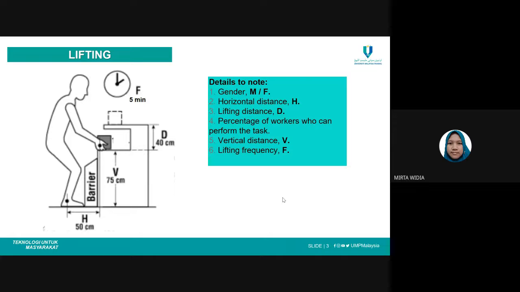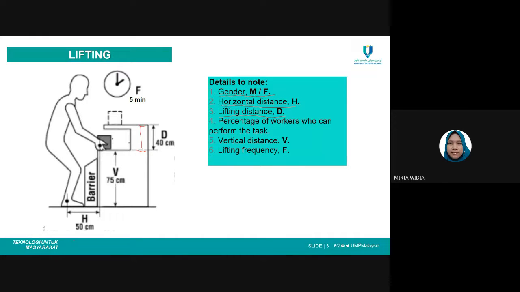The first one is based on gender. Next is the horizontal distance. You need to know the H. The horizontal distance, and then the lifting distance, which means the distance from the origin to the destination.